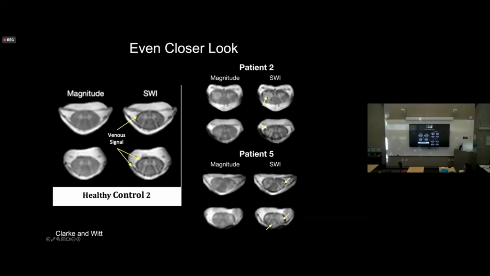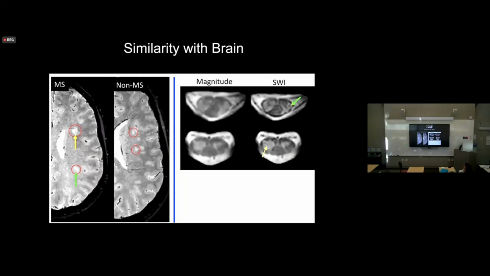And here in the right lateral column, we see a vein that goes through this way. And now what's interesting is that this is very different than the healthy control.